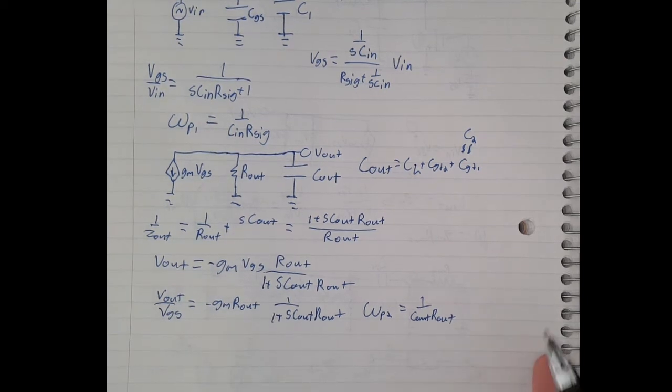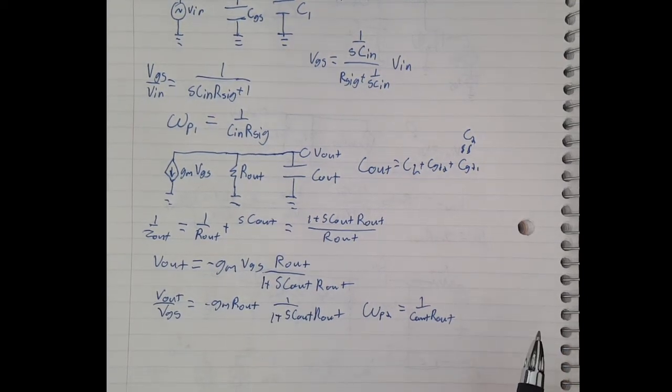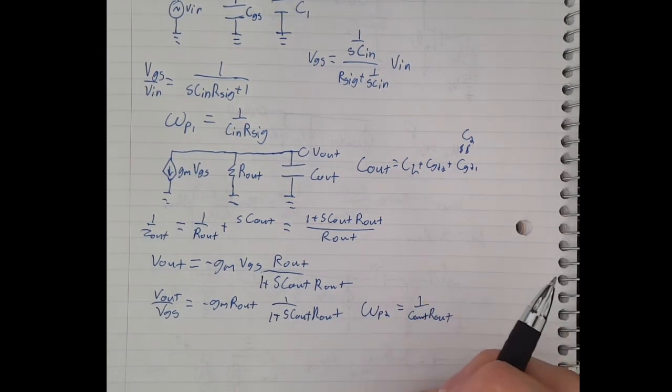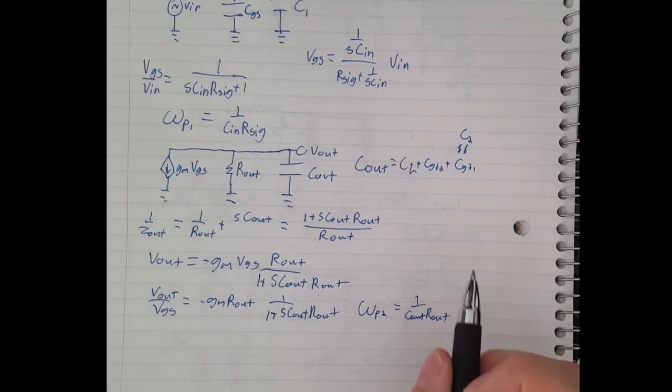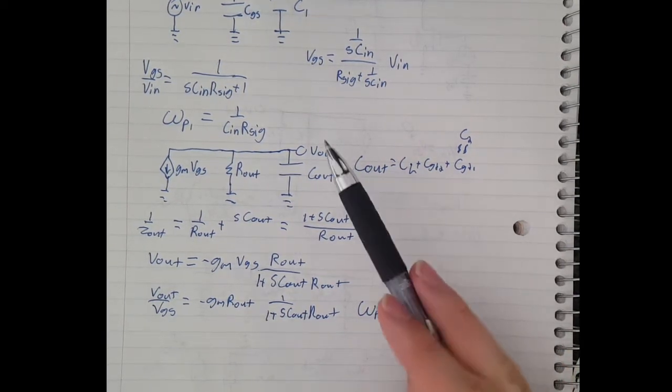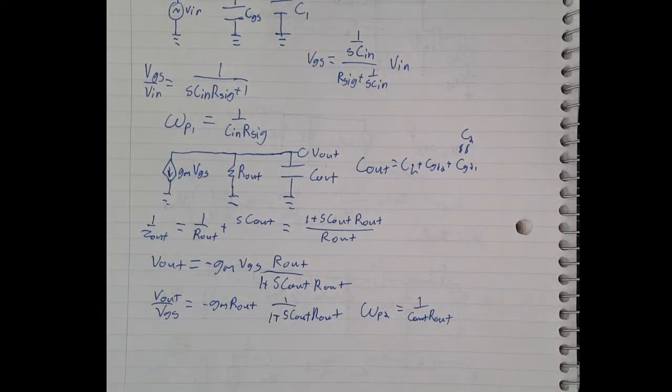And so this works for a whole lot of circuits. Sometimes there are little twists to it, but it's usually in this form, and it's essentially just the impedance that the output or the input is seeing, and that is causing it to have a pole.